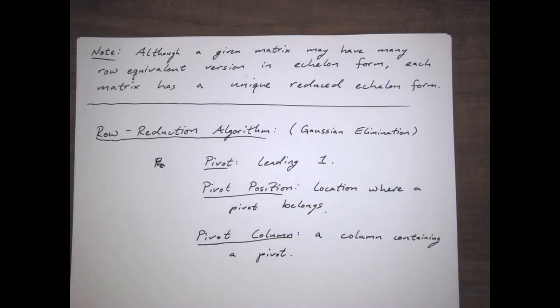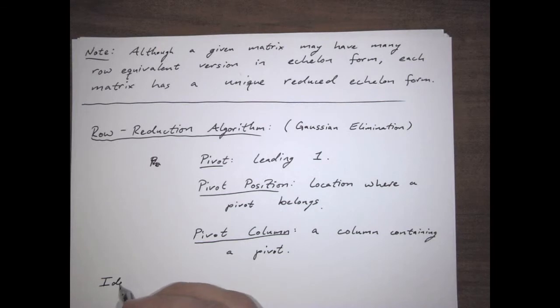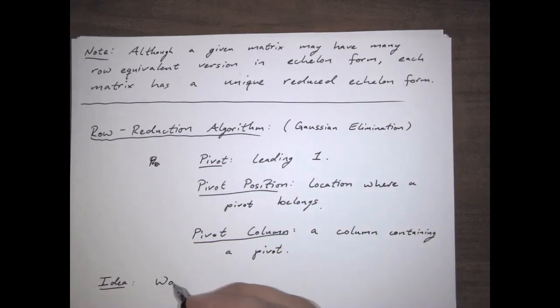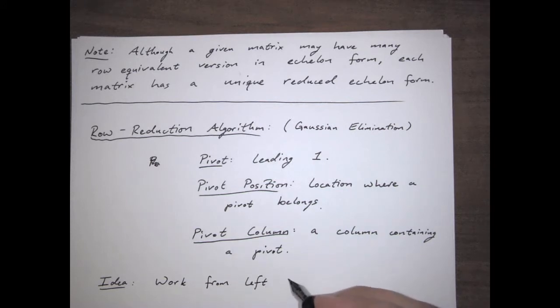Alright, now the basic idea behind the row reduction algorithm is the following. You want to work your way from left to right. Choose a row to move into pivot position.